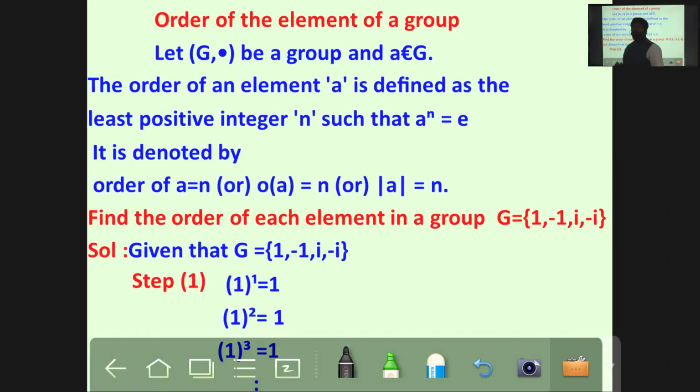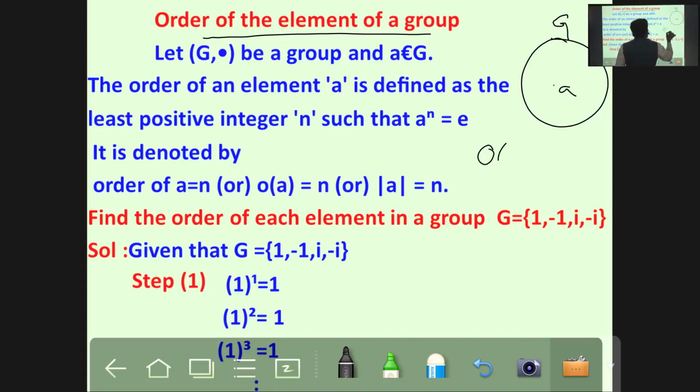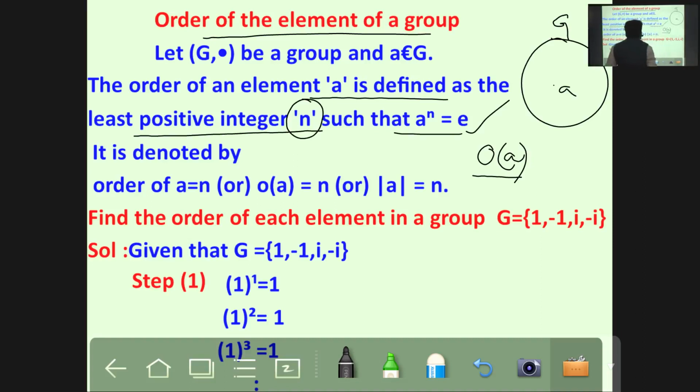Next, definition: order of an element of a group. Now, G is a group. Suppose this is a. Now you want to say what is the order of a. You find the order of a. The order of a is defined as the least positive integer n such that a power n equals e.